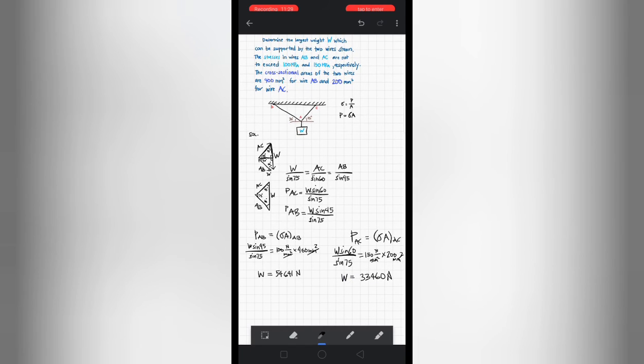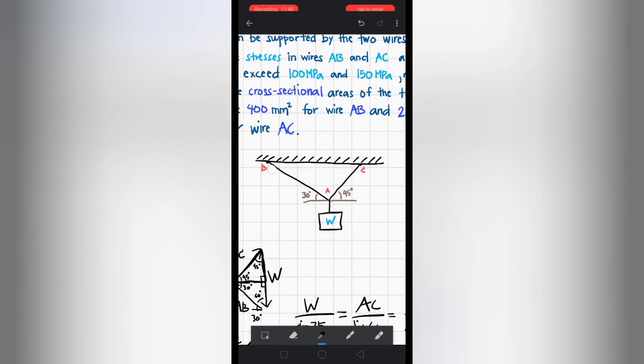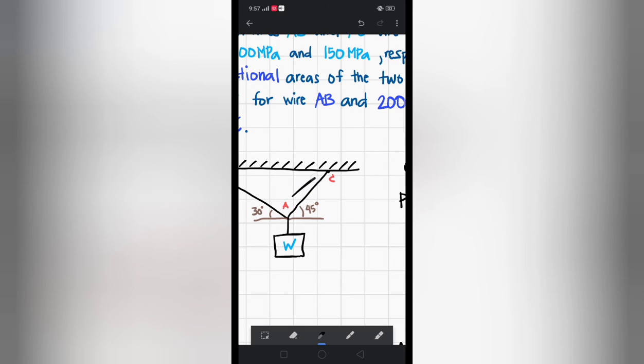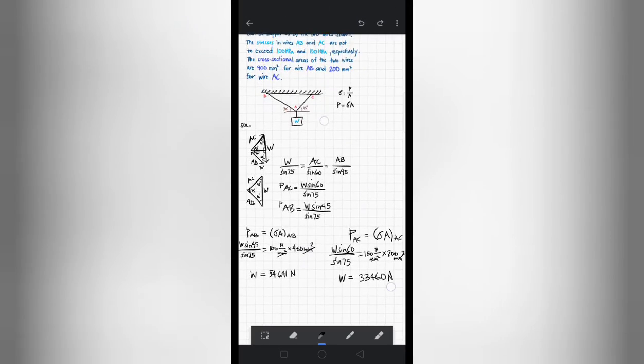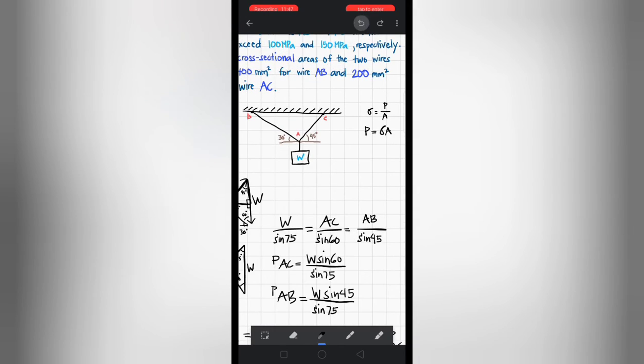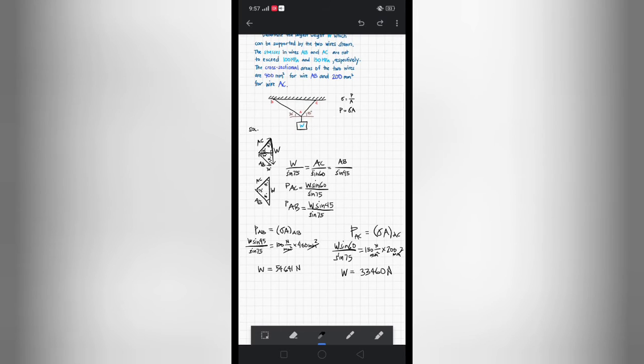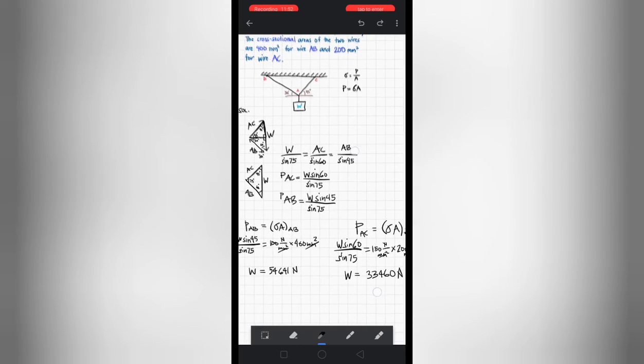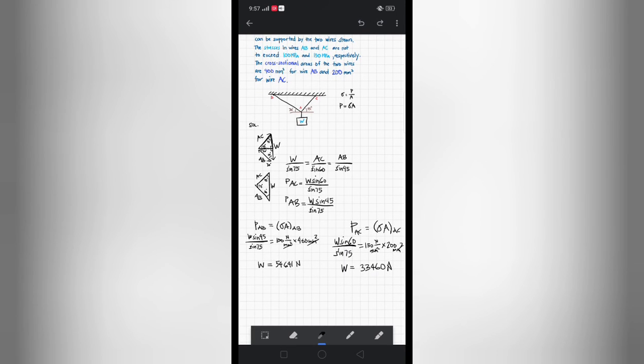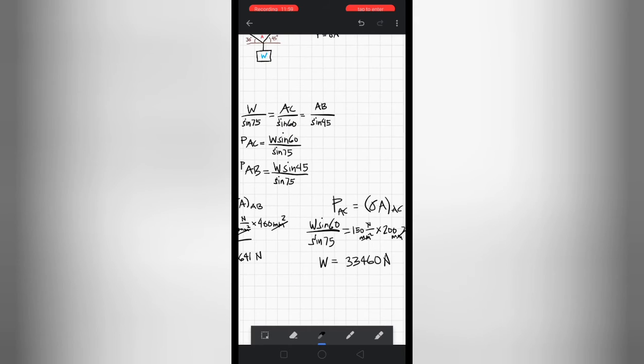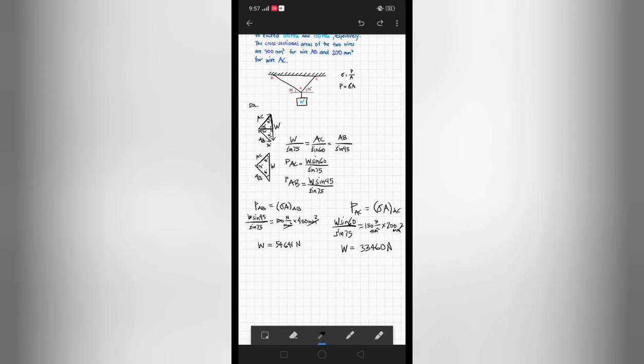You might be wondering, why do we have two W's here? What's the meaning of that? We have two values for W here because we have two wires which have two different stresses. And the W, if we substitute that to each of these two equations, should not exceed the stresses, this 100 and 150.